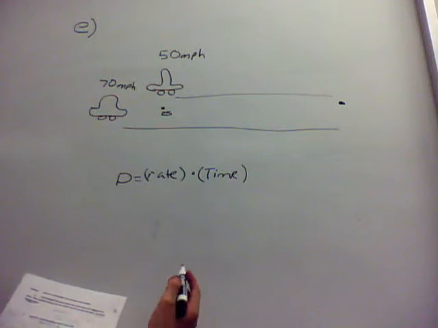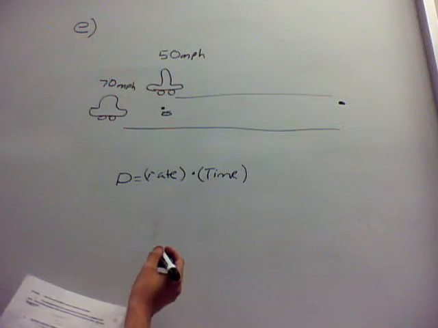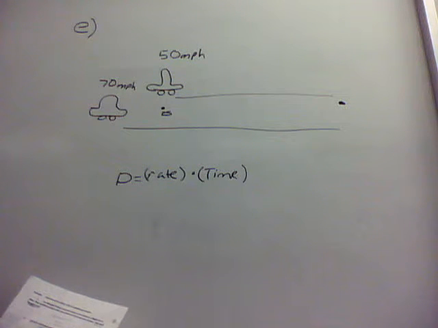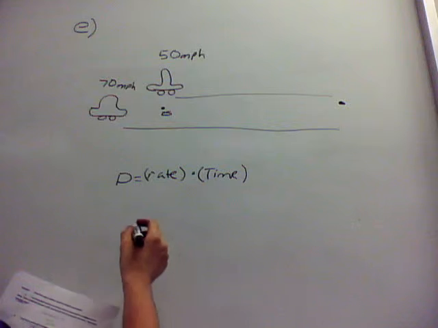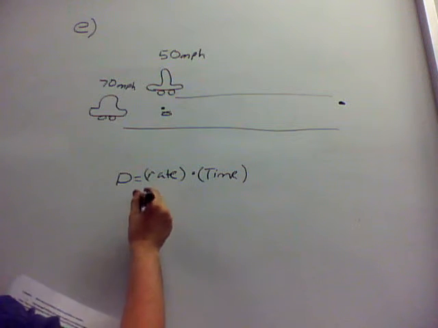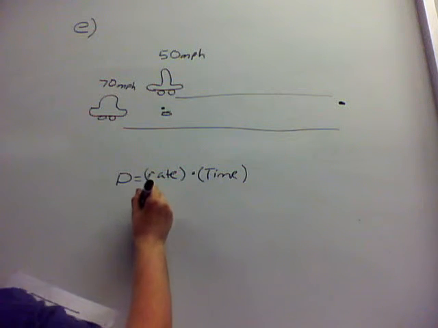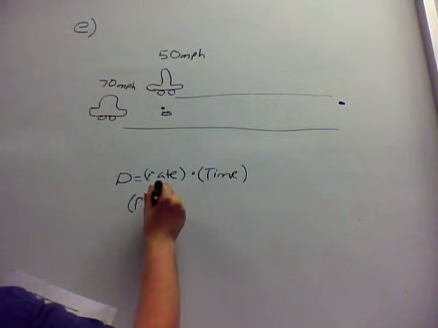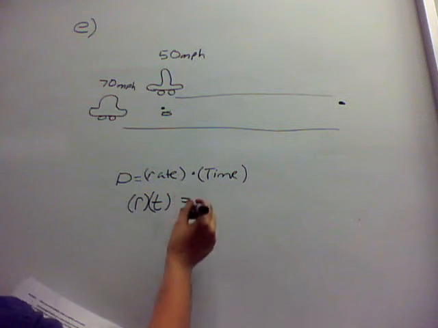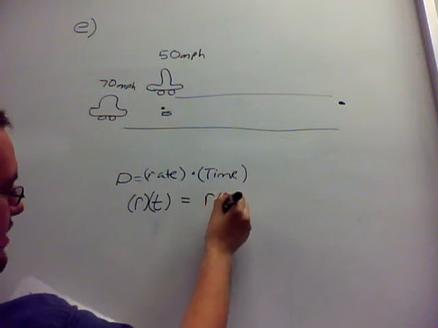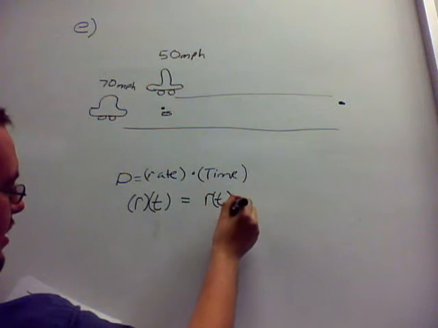They didn't give us time. All they gave us was rate. But we do know that the distances are equal. At the end, they have the common ending point. So I'm going to have rate times time equals rate times time of the second car.